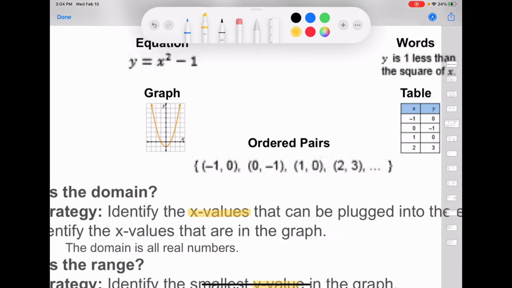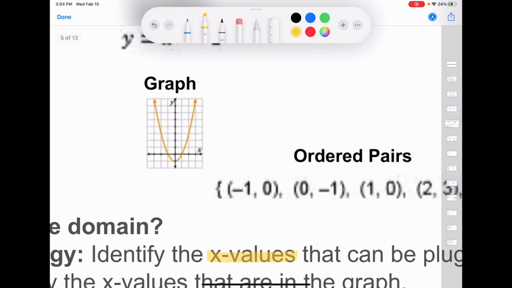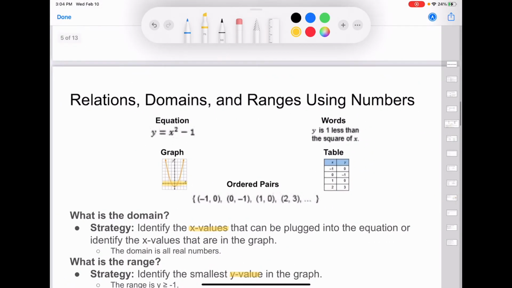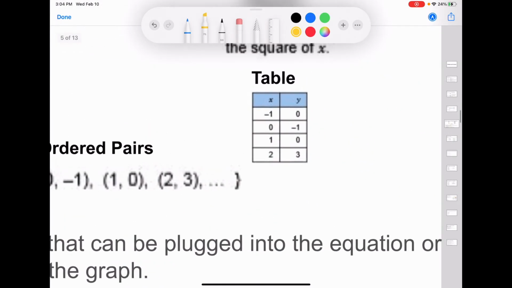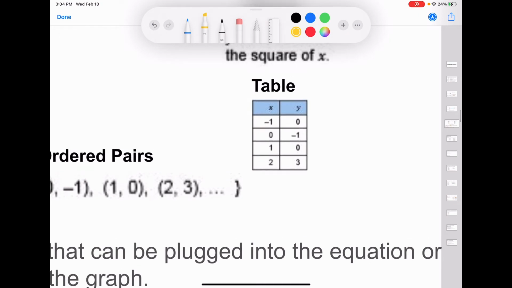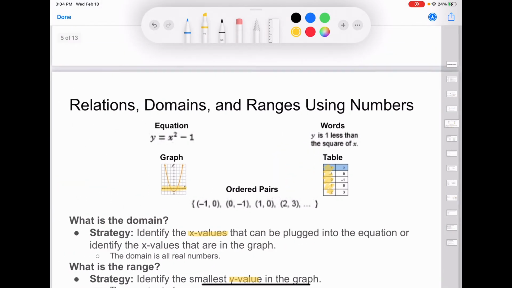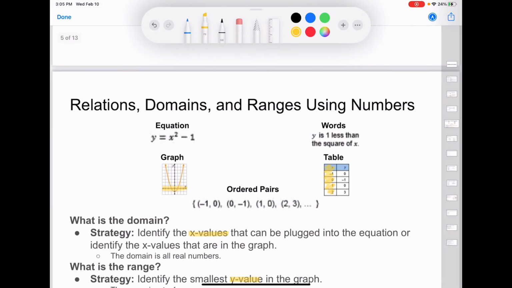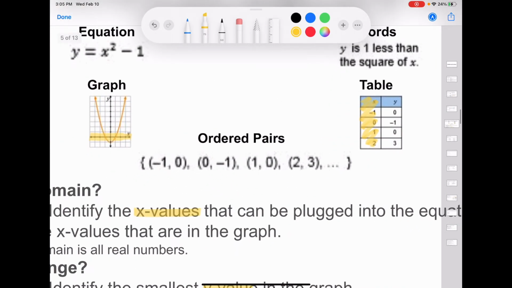So if we were going to look for the domain of a graph, we would identify the x values of those graphs. If we were going to find the domain in a table, we would look at this side of the table. And if we want to identify the x values or the domain in an ordered pair, we would look at the first set of values.